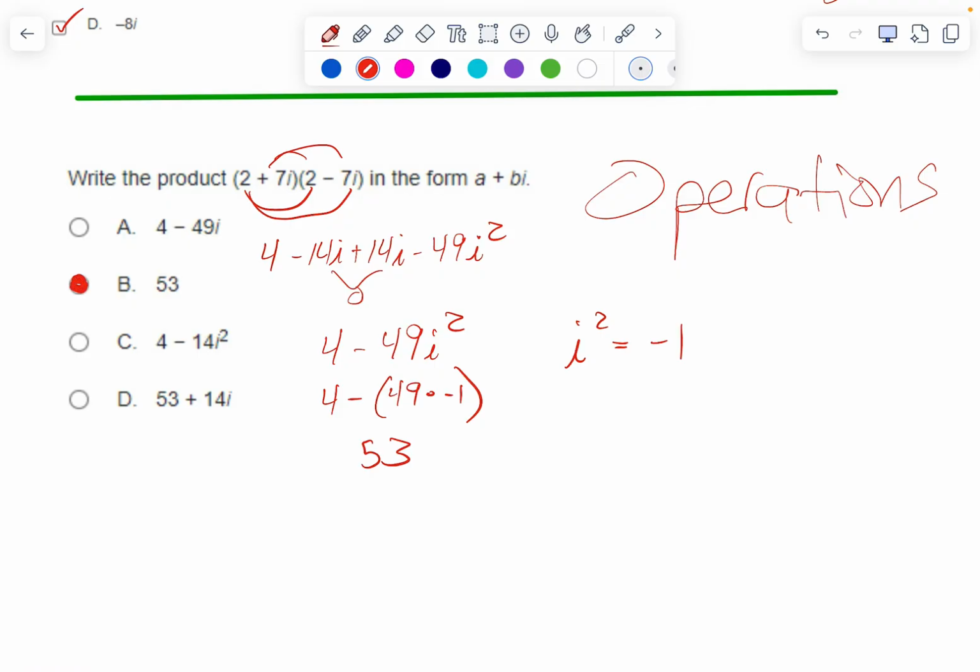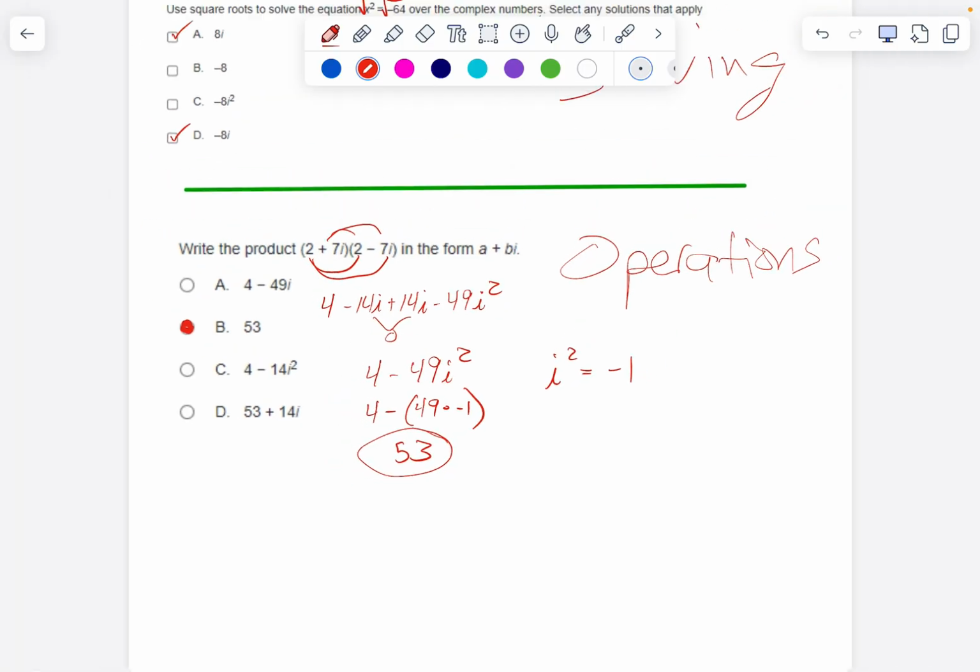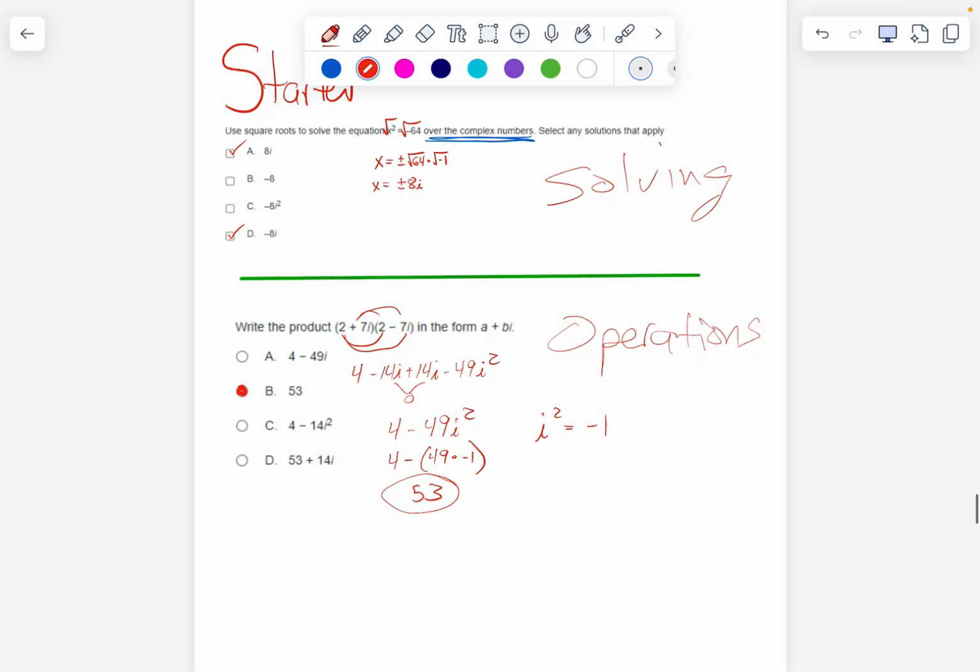What are those two called? Complex conjugates. And we specifically use those when we are simplifying quotients because it does turn out to just be a number instead of a complex number. It turns into real. All right, raise your hand if you got B on that one. Great, good job. Lots of hands.